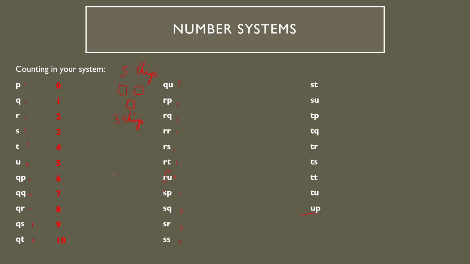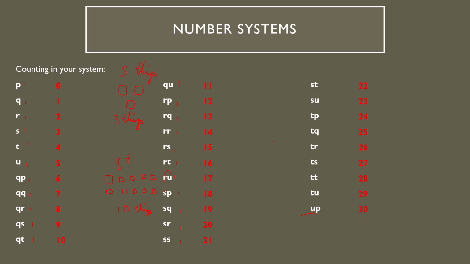Similarly, if I told someone I had QT things, I would have these many things, which they would call 10 things. So they count the same quantity, just represented in different symbols.